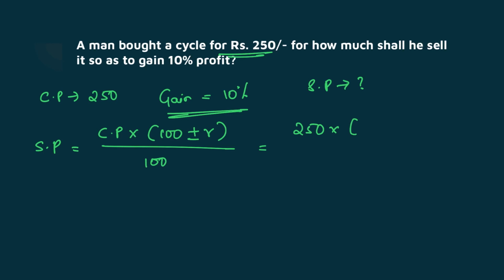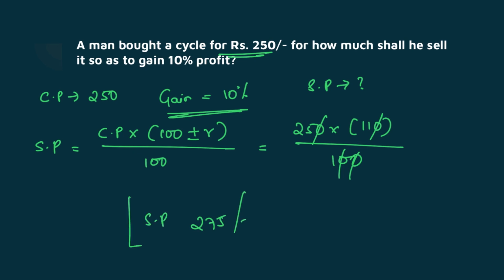Gain means plus, 100 plus 10 is nothing but 110, divided by 100. Two zeros get cancelled here itself. So 25 11s are 275. 275 rupees is the selling price of the cycle.